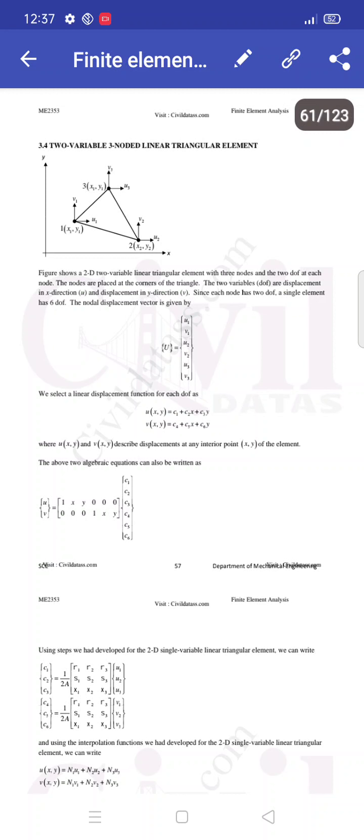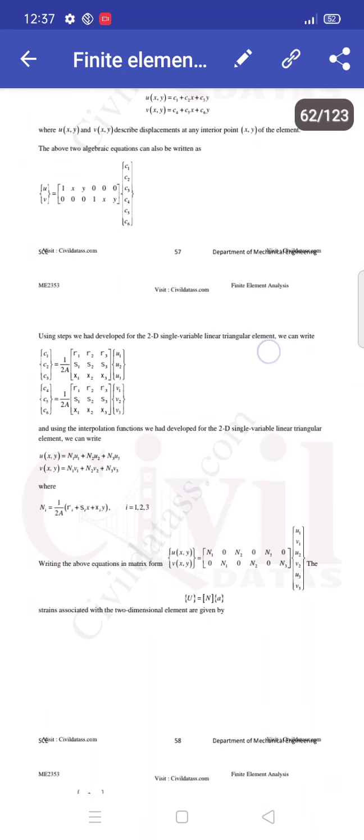Using steps we have developed for the 2D single variable linear triangular element, we can write c1 c2 c3 equal to 1 by 2A times the matrix r1 r2 r3, s1 s2 s3, x1 x2 x3, times the displacement vector u1 u2 u3. Then c4 c5 c6 is equal to 1 by 2A times the same matrix times v1 v2 v3.